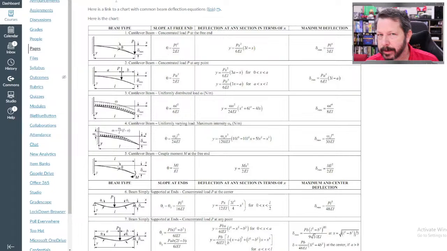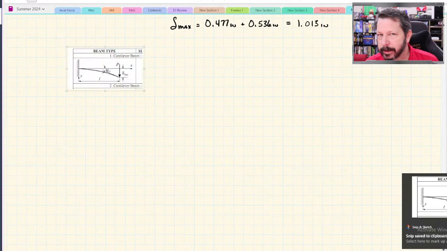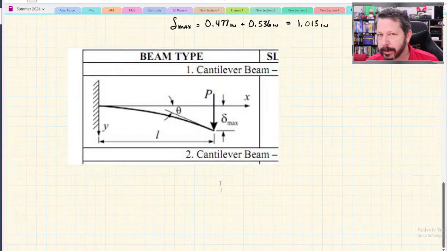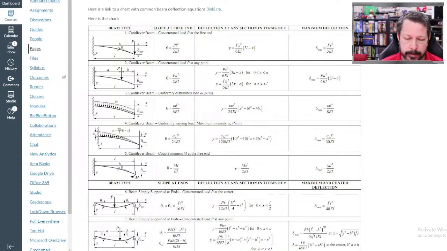Maybe if I get this little guy. So there is their line, that's their tangent line. The equation's right there, PL squared over 2EI. So this equation here at the top of this picture is referring to the diagram right next to it. Let's see if I can get my camera to do something again. There we go. So that's why it's the 8 feet.